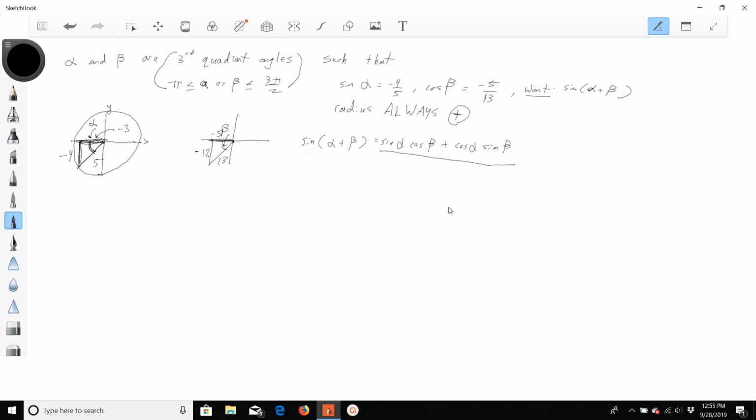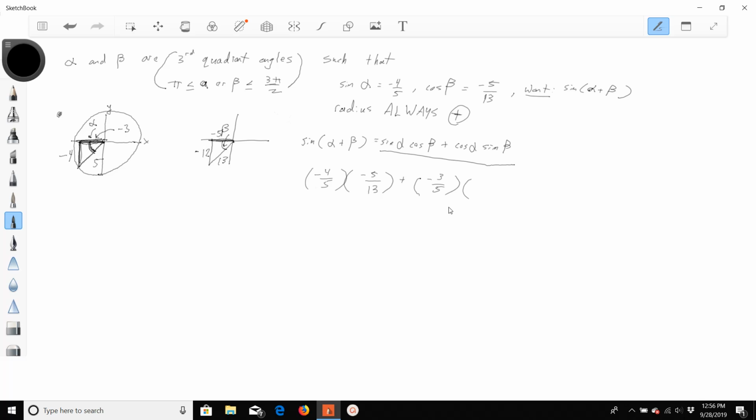We were given sine of alpha is -4/5, so -4/5 times the cosine of beta, which we were given is -5/13, plus, now the cosine of alpha we weren't given, but we can find. Looking at the left illustration, the adjacent side to angle alpha has a side length of 3, and the hypotenuse is 5, so the cosine of alpha is -3/5.